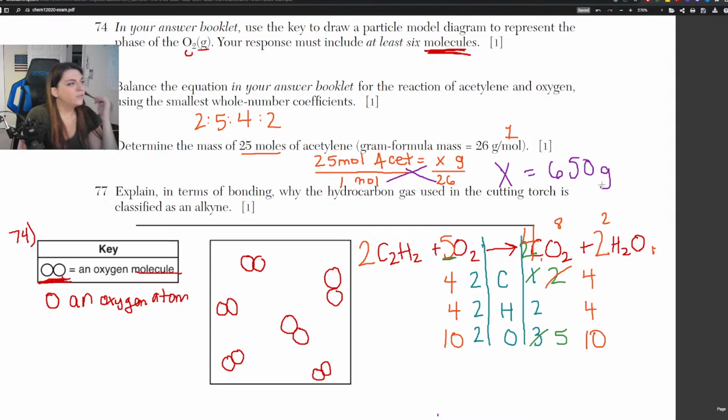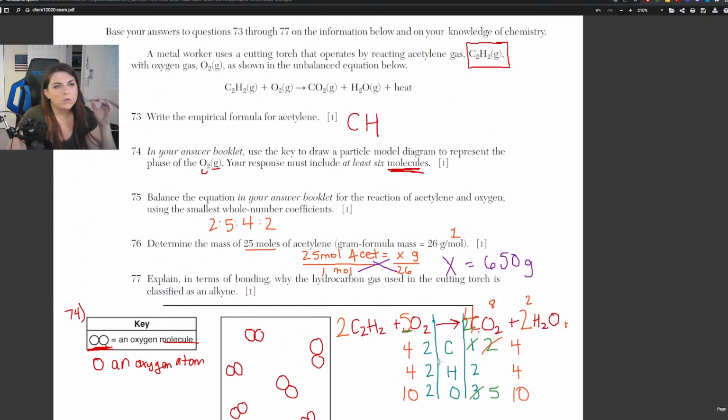Finally, it says for 77, explain in terms of bonding why the hydrocarbon gas used in the cutting torch is classified as an alkyne. Remember the formula for acetylene was C2H2? So C2H2, if you drew it, would have to look like this in order for the carbons to get all of their proper 4 bonds.